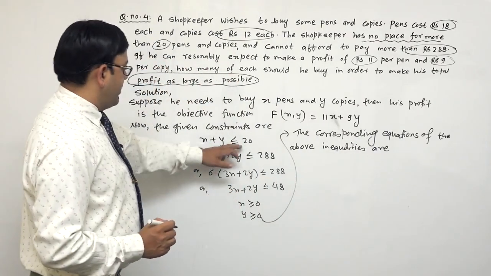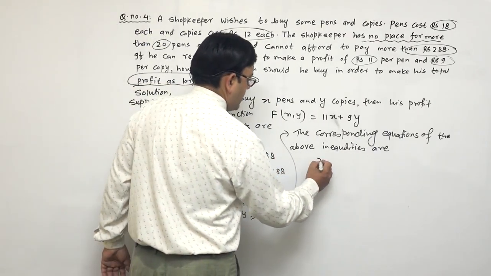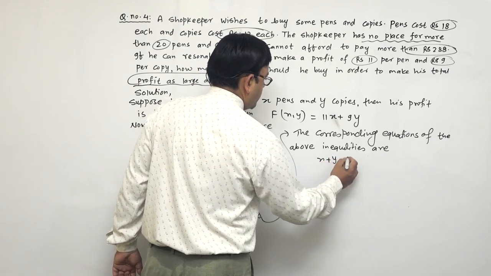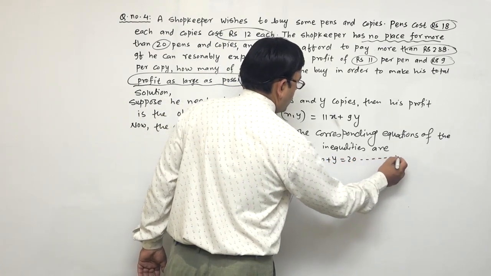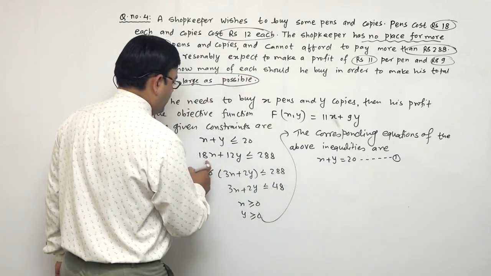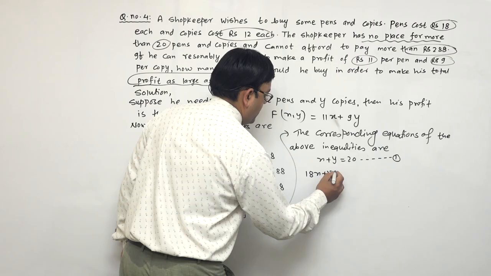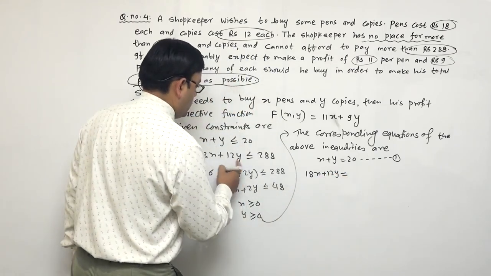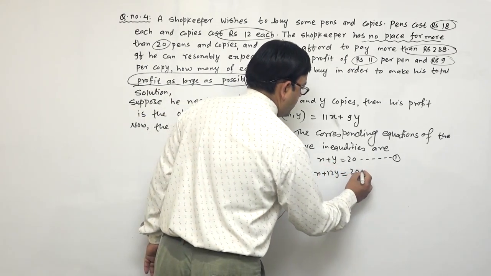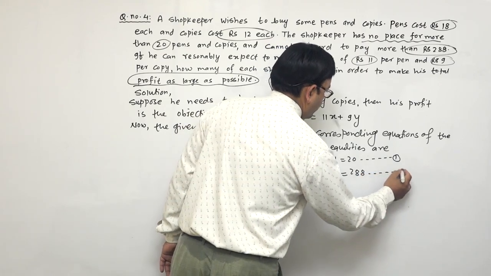We can write x plus y is equals to 20, equation 1. Similarly 18x plus 12y is equals to 288, equation 2.